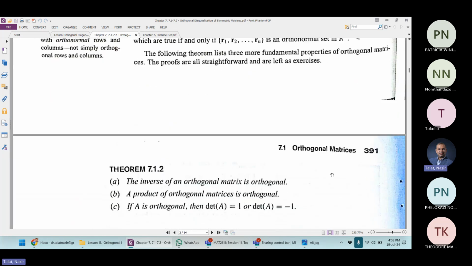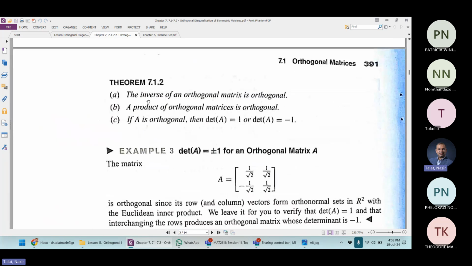Now, this is an interesting result: if A is an orthogonal matrix, then its inverse is also orthogonal, and the product of two orthogonal matrices is orthogonal. This is a useful result, and we can get it with simple calculations. Moreover, if A is orthogonal, then the determinant of A is either 1 or minus 1.